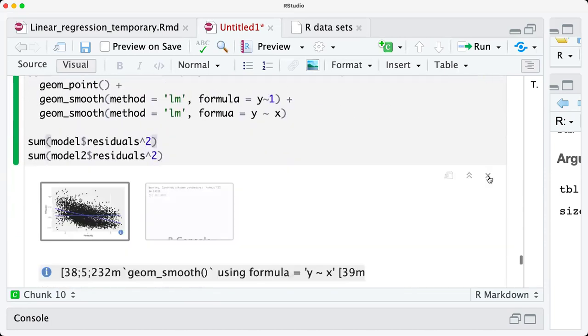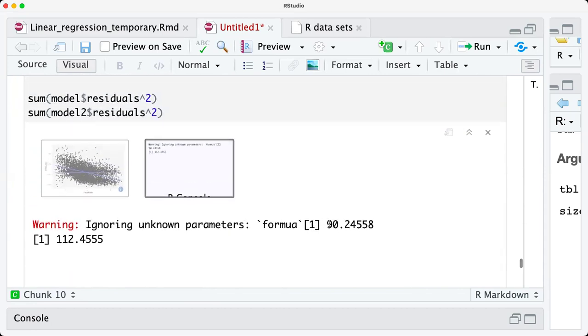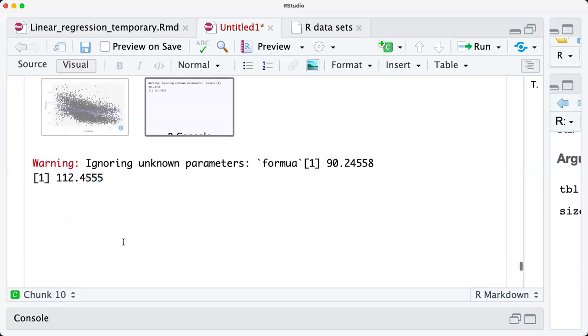Let's check it. The first residuals are 90, and the second ones are 112.